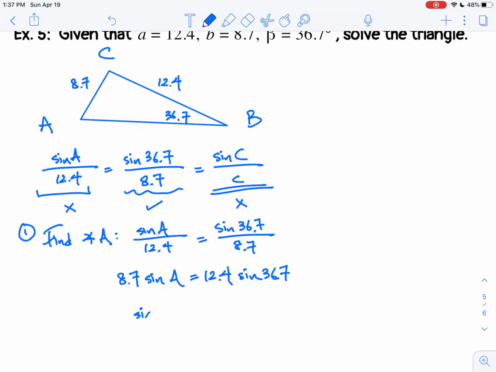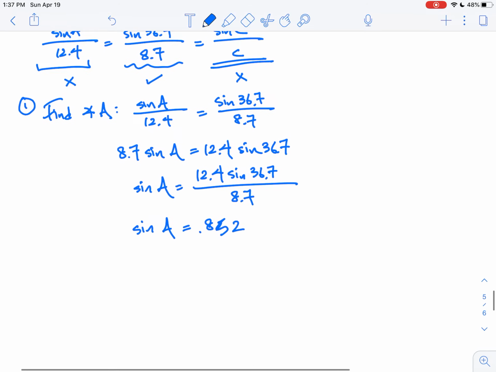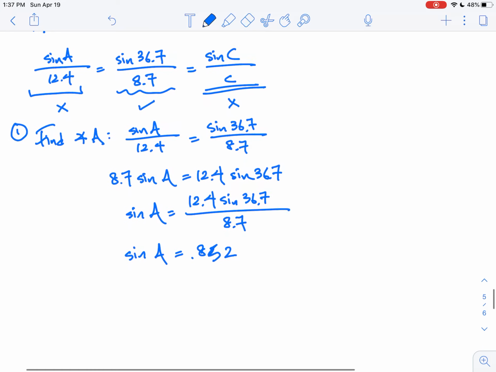And we're going to divide, so we get sine A equals 12.4 sine 36.7 over 8.7. And that means that sine A equals 0.852. Okay, so let's get our unit circle.